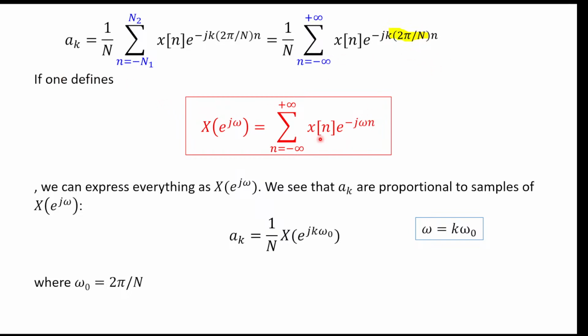The idea is you look at a_k and see how it depends on k: you only depend on this kω₀.